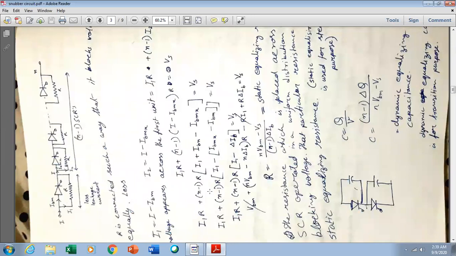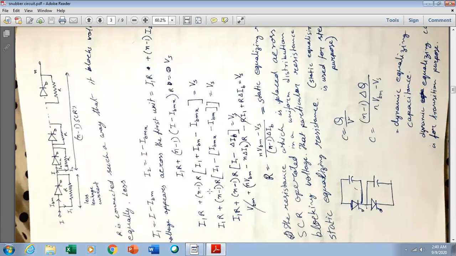Suppose the SCRs here are connected in a series way. Now you can check for the first SCR, the current is IBM, assuming that, and the current I is the input current.